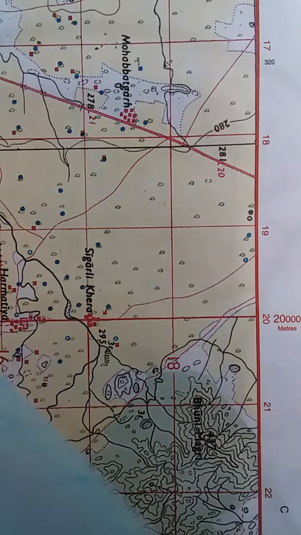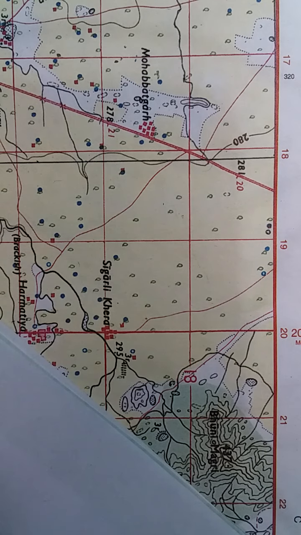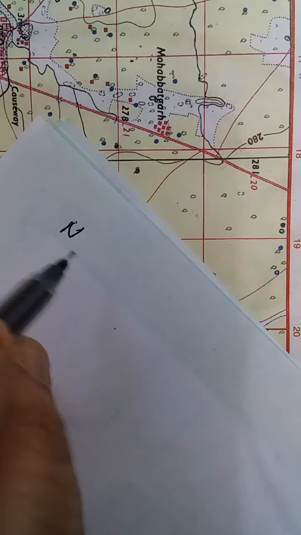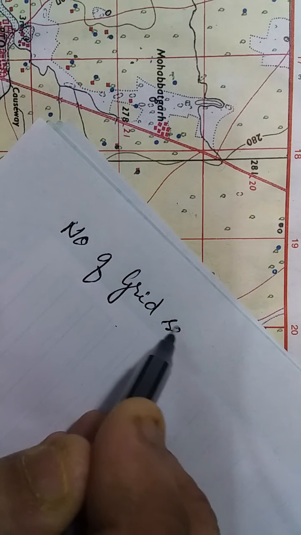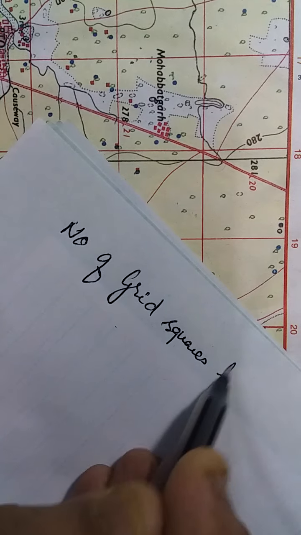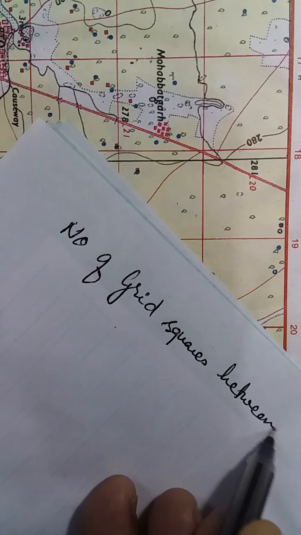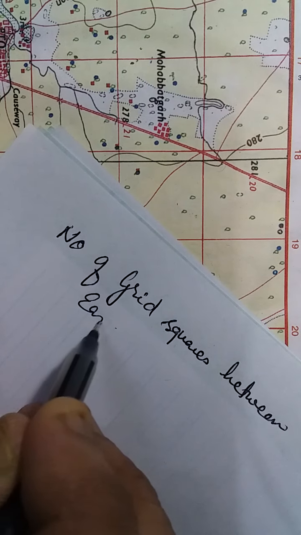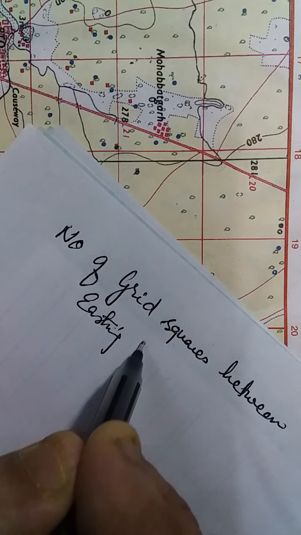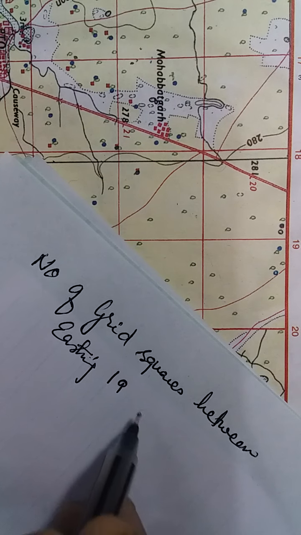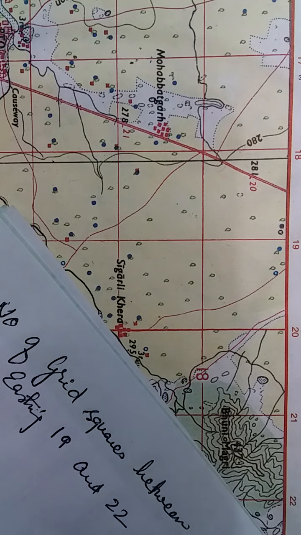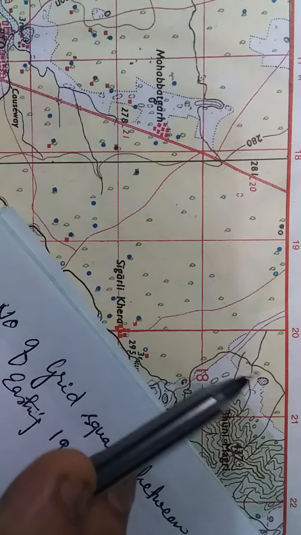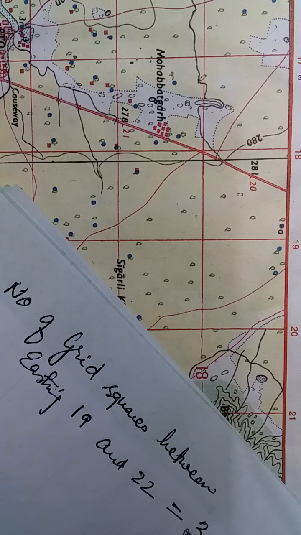So let me write here, number of grid squares between Eastings 19 and 22 will be equal to how many? 1, 2, 3.